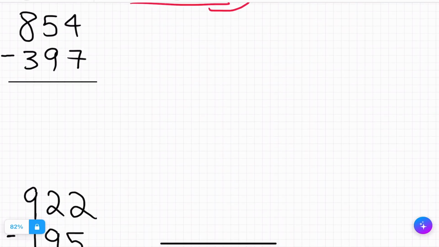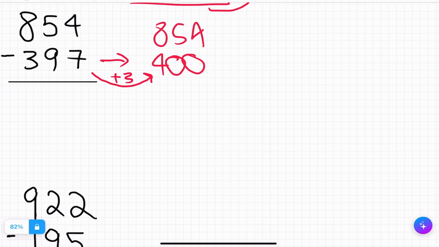All right, what about 854 minus 397? Now we're doing subtraction problems. So 397 is pretty close to 400, so I'm going to round it to 400. And again, we're careful to note that to get to 400, we needed to add 3. Okay, and then 854, we'll subtract 400 from 854.